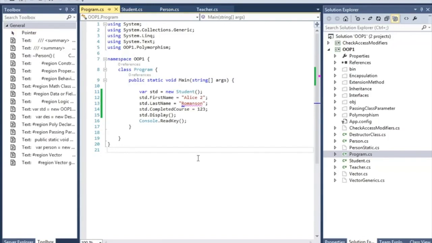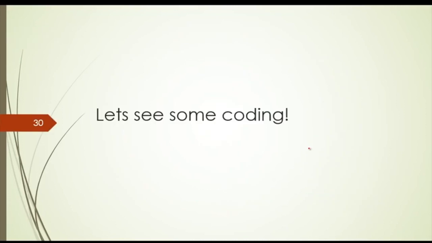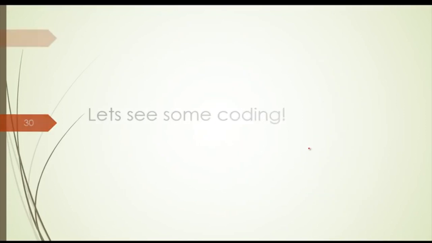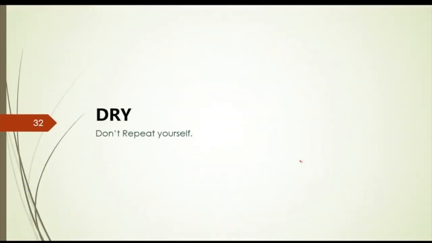So let me switch over to our slides. The thing that I'm doing, copying and pasting, is really not a good practice. So we have seen the code. The same things should not be repeated. That's a design principle. The principle says do not repeat yourself.